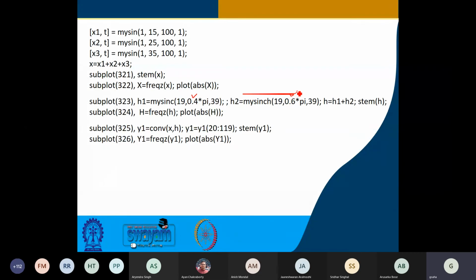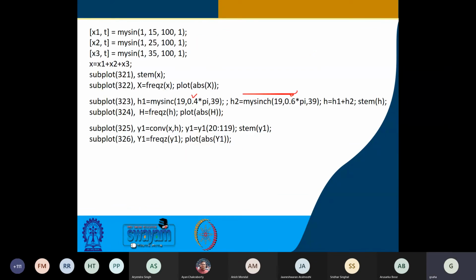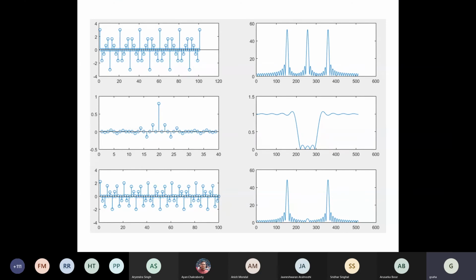This is the filter design process from the customer side to your side. So you have seen this is 0.3 pi, this is 0.5 pi, and this is 0.7 pi: 15 Hertz, 25 Hertz, and 30 Hertz, 35 Hertz. And you would want to use this framework. And then if you do, you'll find that some such things are happening.